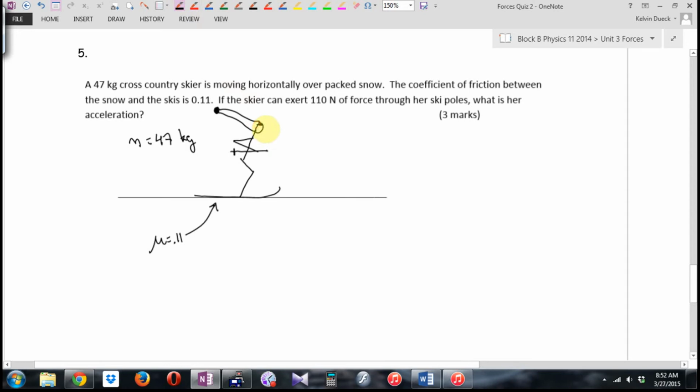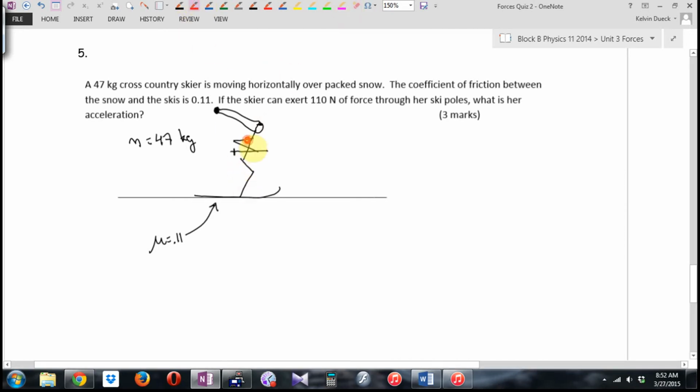Okay, he's got a little strap holding the hat on. There. He's going really fast. He's shushing through the... Okay, fine. What's this question want me to find? The acceleration. Okay. Let's use red.